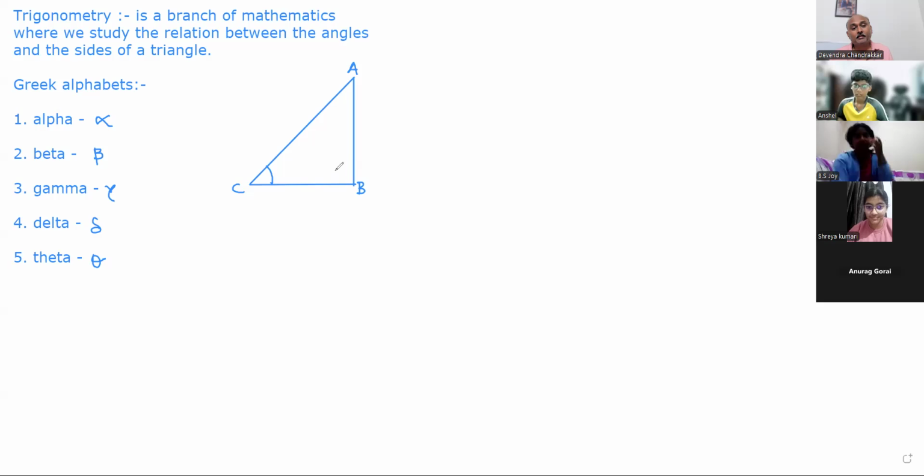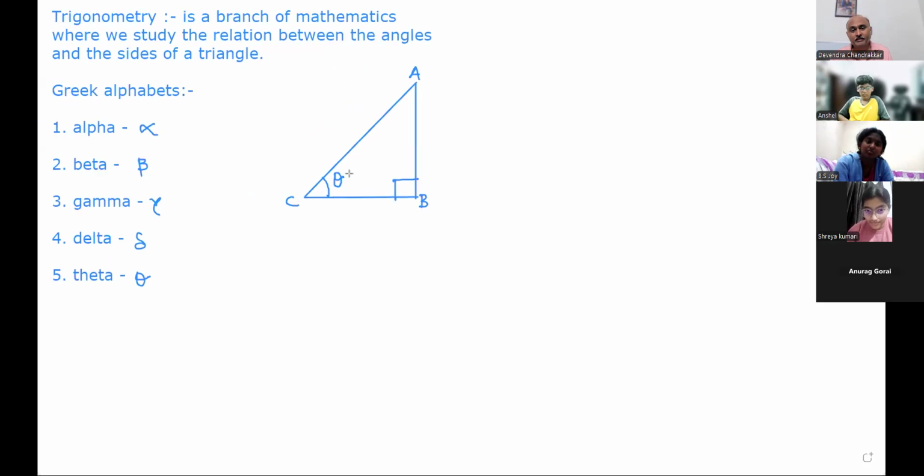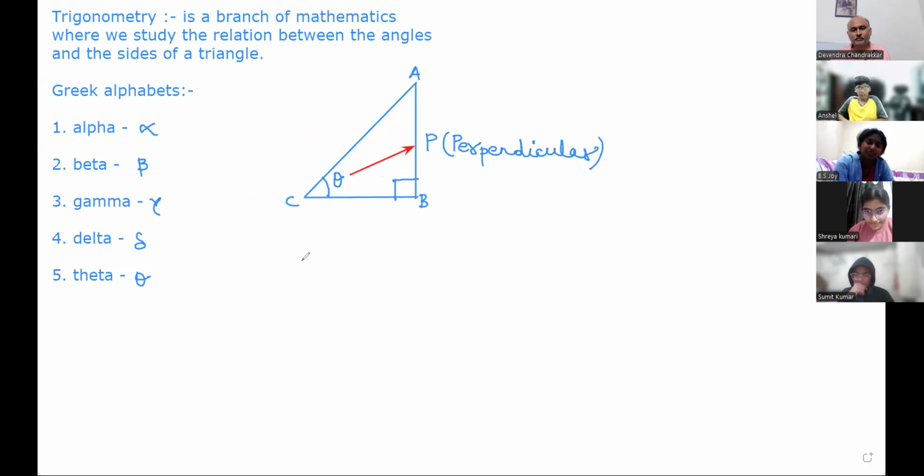So the triangle which we are dealing with is a right angle triangle. Okay. Now if this angle is theta, just pay attention. If this angle is theta, then the side opposite to this angle is called the perpendicular of the triangle, represented by P. ठीक है.